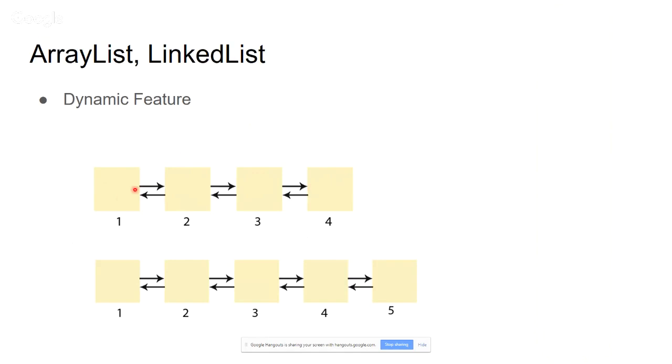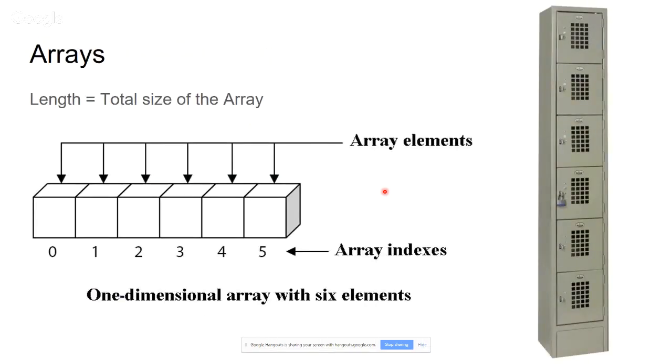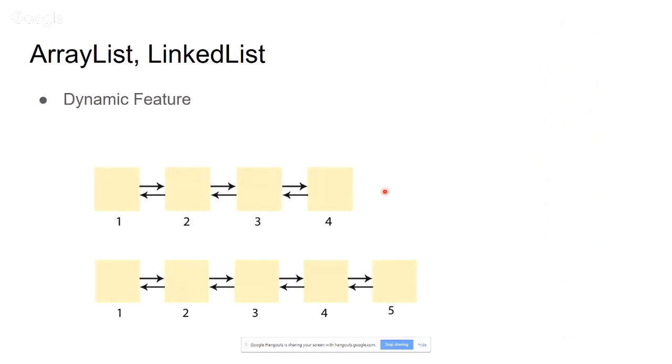So what if we want to add another space? With arrays, we cannot do that. We need to make a new array. But with array list, we can.